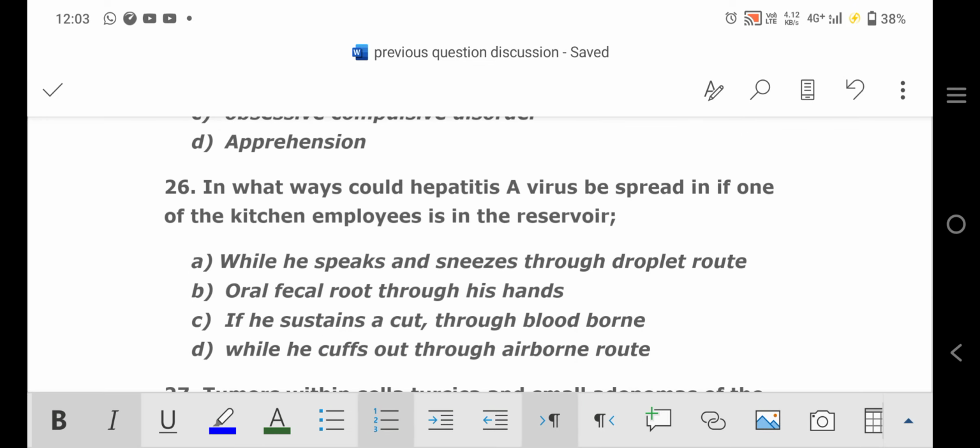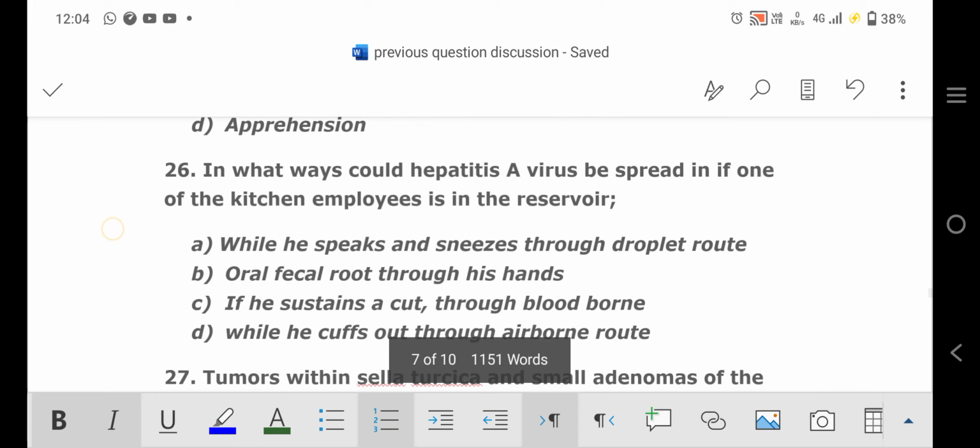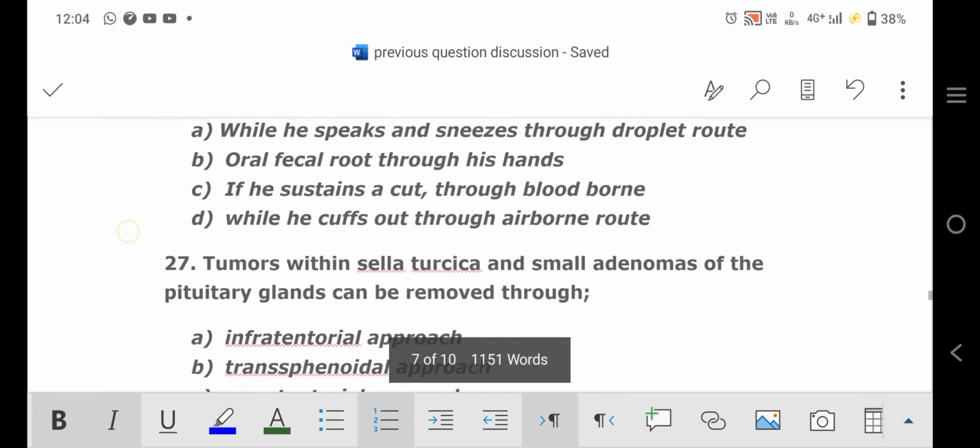Option C, if he sustains a cut, through bloodborne. And option D, while he coughs, through airborne route. Here the answer is option B. Everyone knows that for hepatitis A, the mode of transmission is the orofecal route through his hands.